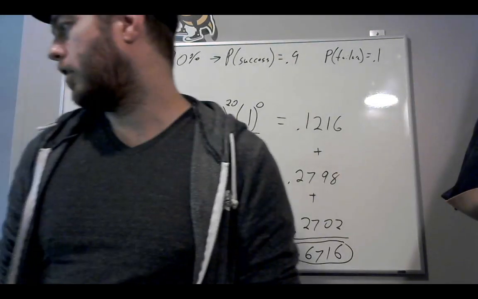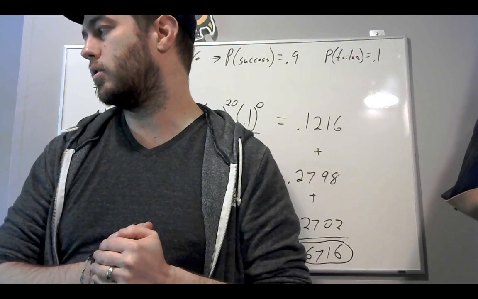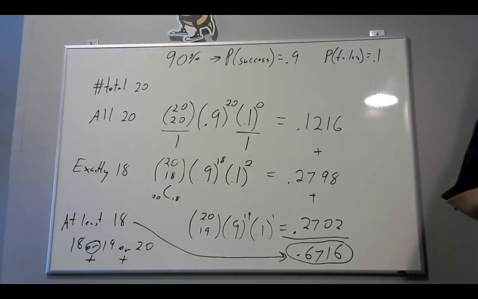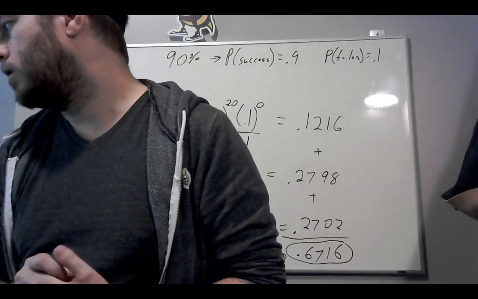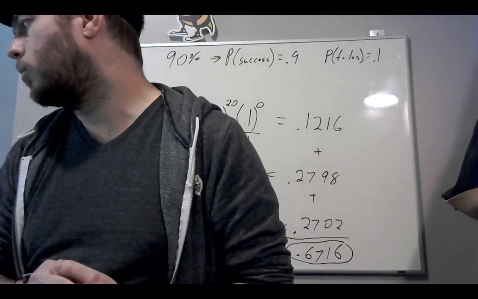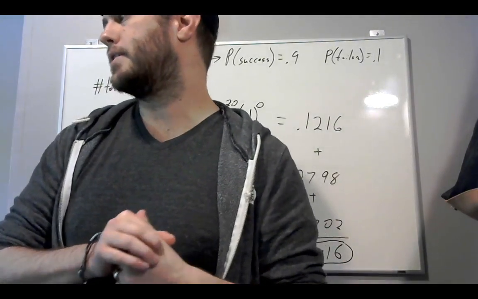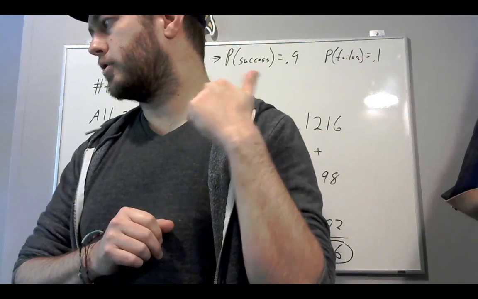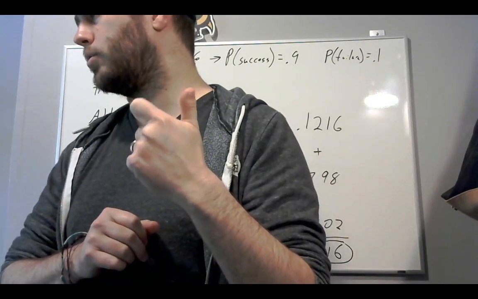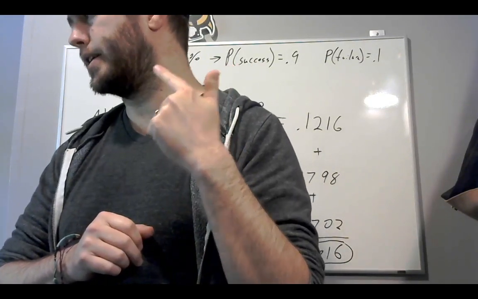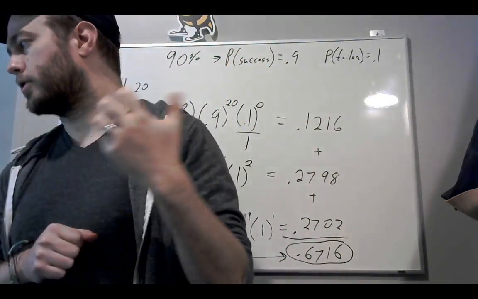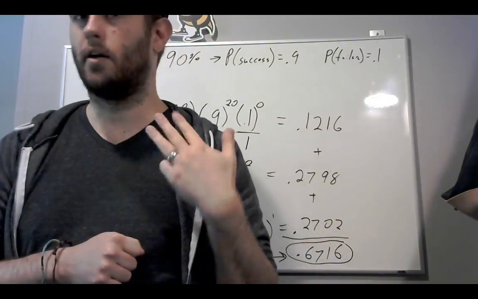Let's see, it's loading, so I will tell you how many different homeworks there were. 1, 2, 3, 4 different homework assignments that you will be turning in. There's the binomial distribution homework, there's the probability homework that you can now do all 25 of those problems, there's the conditional probability, and the expected value homework. So there's 4 things that you're going to be turning in to me on Friday.